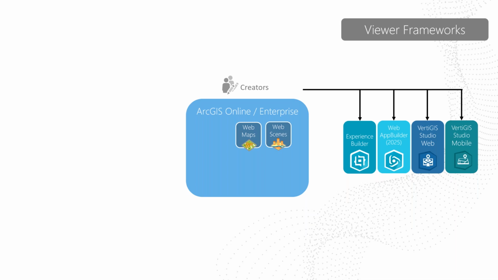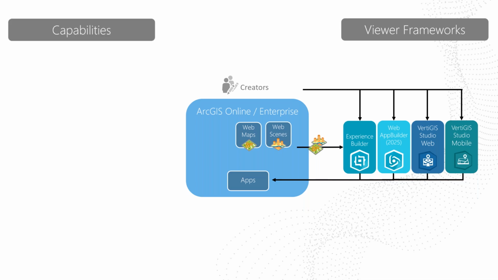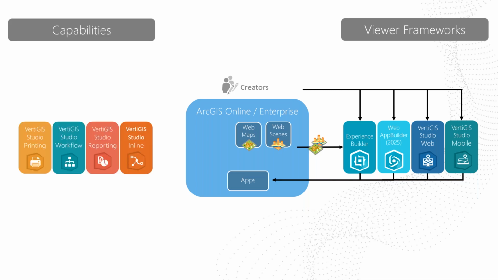The creators have access to these viewer frameworks, and they can create applications that consume web maps and web scenes and store them as apps inside ArcGIS Online or ArcGIS Enterprise. There's also a suite of capabilities which include VertiGIS Studio Printing, VertiGIS Studio Workflow, VertiGIS Studio Reporting, and VertiGIS Studio Inline.